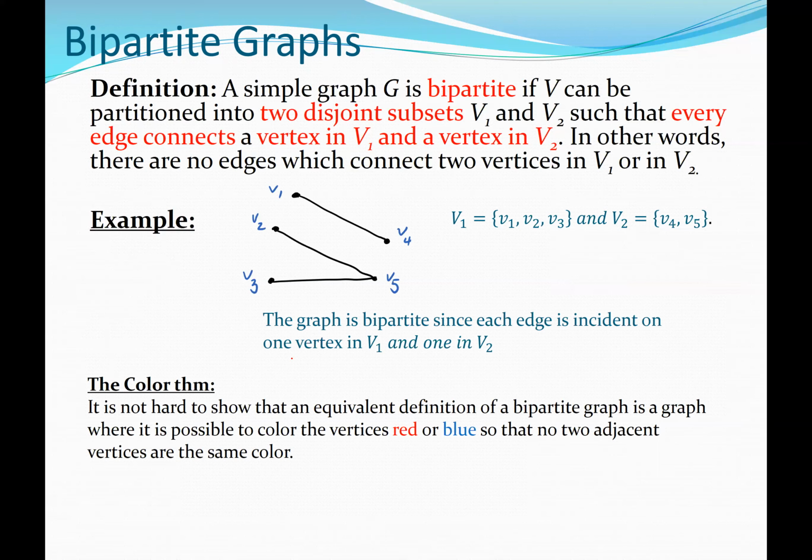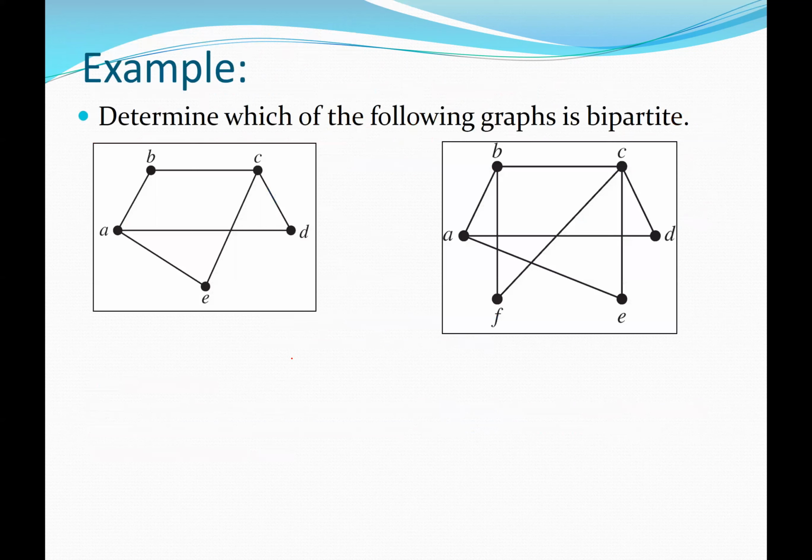If you start randomly with any vertex and give it a color, red or blue, then the next vertex adjacent to it cannot be the same color. If they are connected, they have to be different colors from each other. If you don't see any contradictions, then it is bipartite. But if you see a contradiction, which is two adjacent vertices having the same color, then it's not bipartite. That's how we prove or show something is bipartite, which is easier than using the definition of bipartite. So here is the example that you can see.